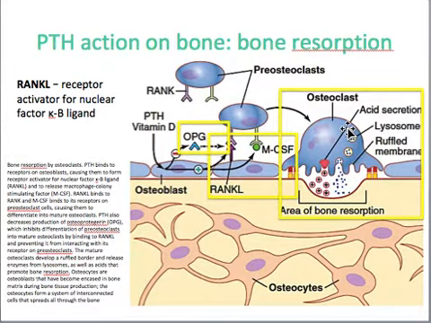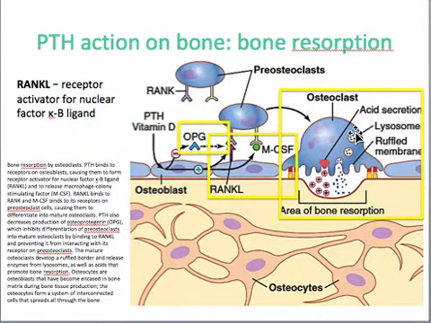osteoclast. At the same time, your PTH also inhibits your osteoprotegerin. So your osteoprotegerin is the substance that blocks the activation of your pre-osteoclast to your osteoclast. So essentially, the end result will be the activation of your osteoclast, both by activating RANKL and inhibiting osteoprotegerin.